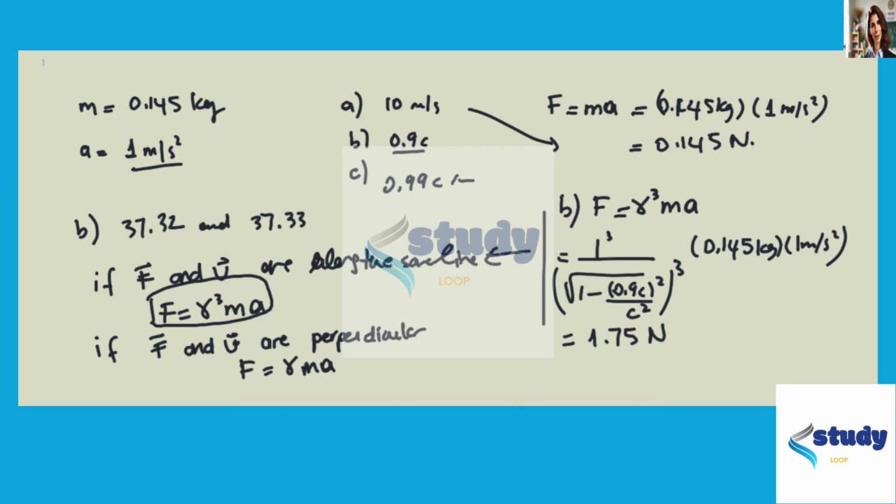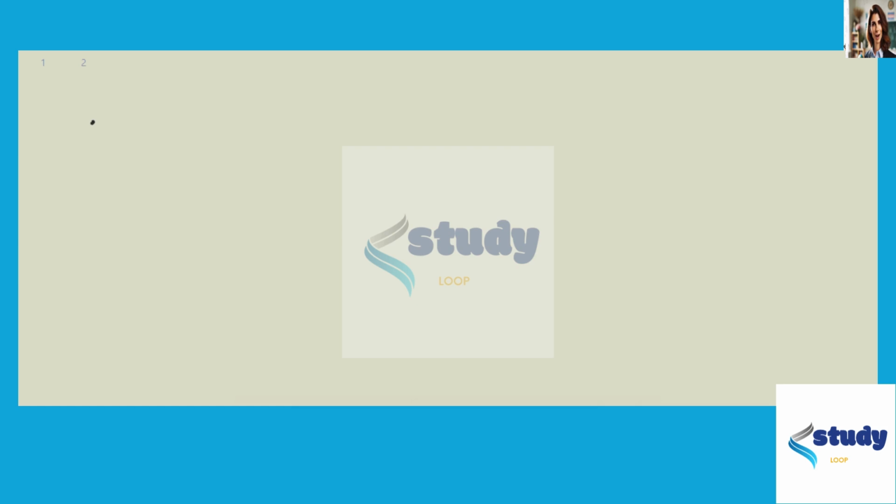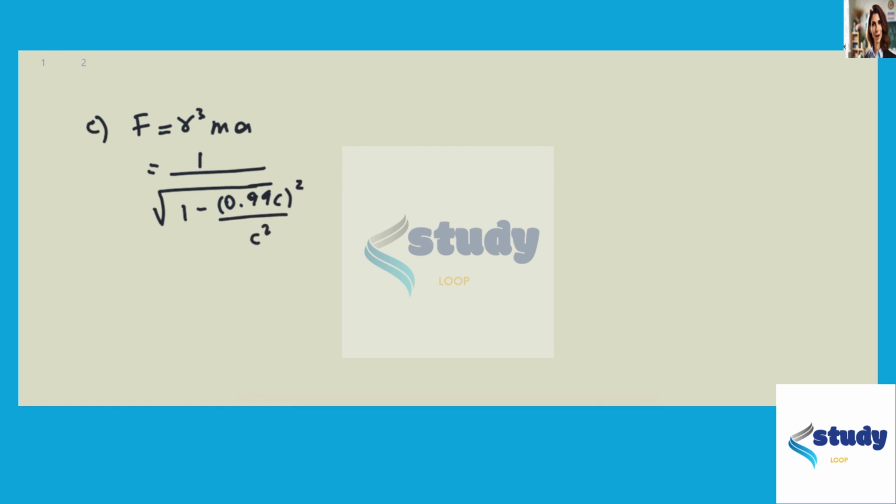Now we're going to do the exact same thing for part C, where the acceleration and the velocity are along the same line, which means the force is going to be along the same line as the velocity vector. So we're going to use the same equation for C: F equals gamma cubed m times a. Only this time we have a different gamma factor, because the magnitude of the velocity is different now: 0.99c squared over c squared, cubed.